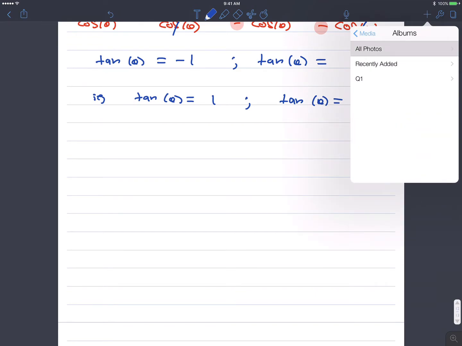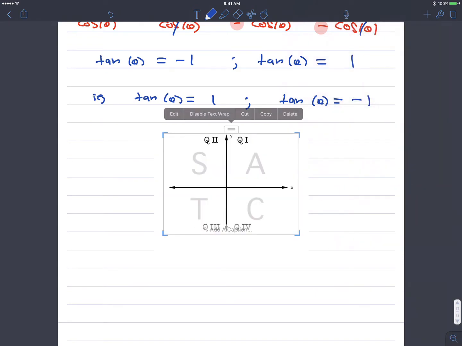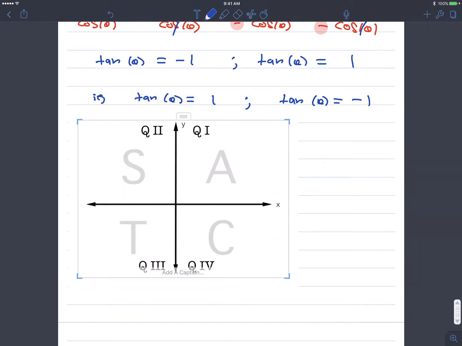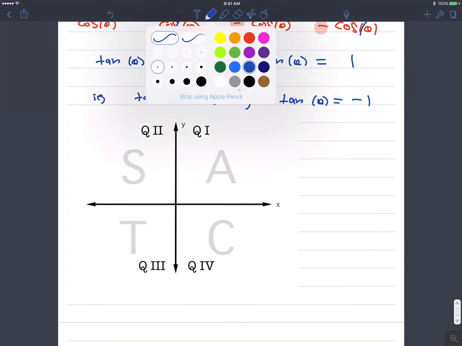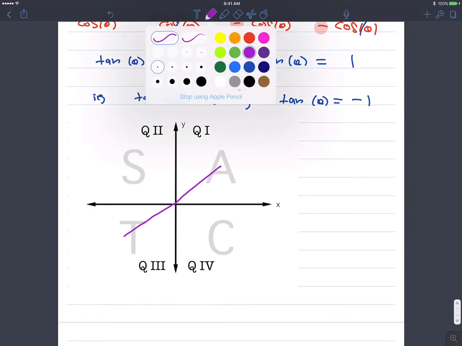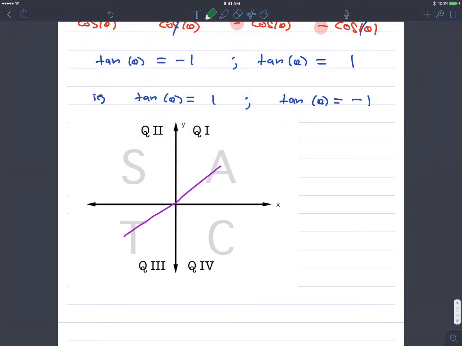Do you really need me to bring in the graph? Okay, maybe. What do I mean? For the positive solutions, where is tangent positive? Quadrant 1, quadrant 3. And I'll change this to green. Where is tangent negative? Quadrant 2, quadrant 4.